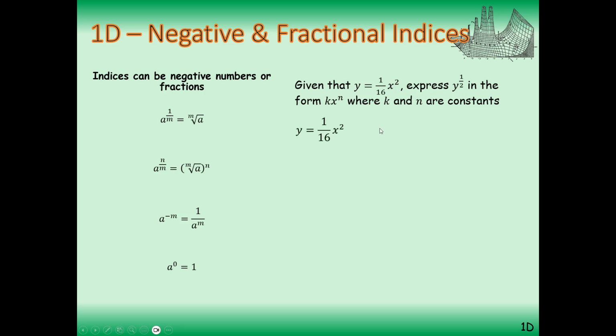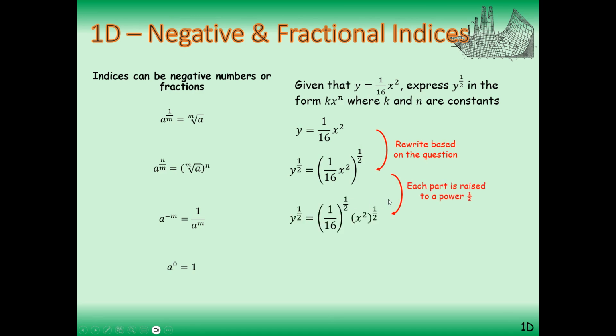Just multiply out: raised to the power of a half means put a bracket around it and multiply the powers by half. 1/16 to the power of a half is 1/4, and x squared raised to the power of a half will just simply give you x, because half and 2 multiplied with each other are 1. So that's the final answer here.